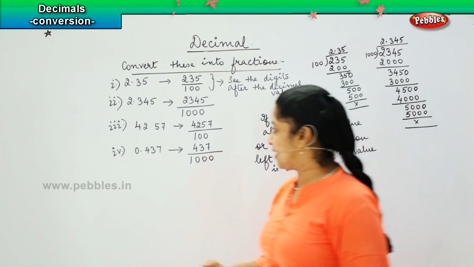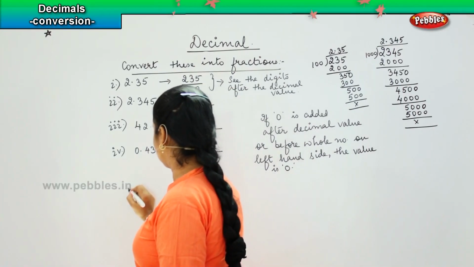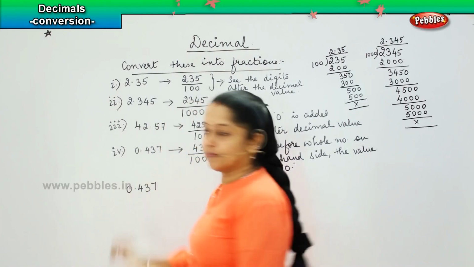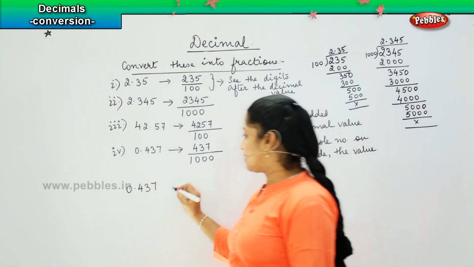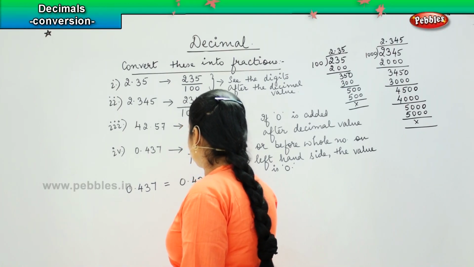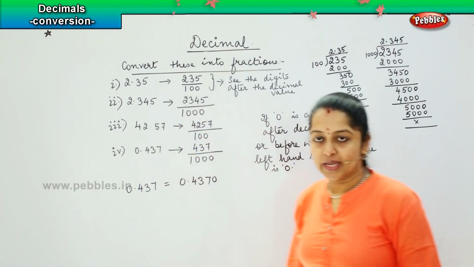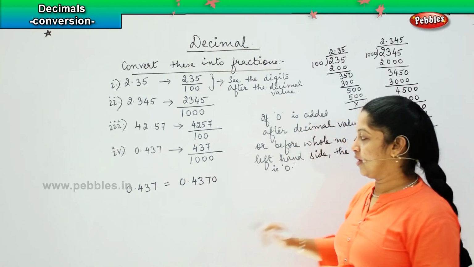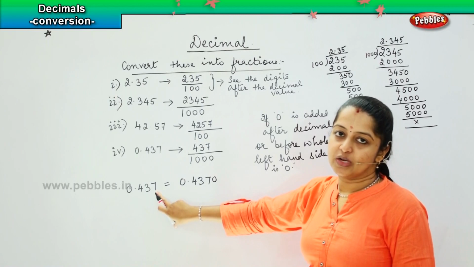Now the same question here. Suppose I am writing 0.437. Okay. Now this will be equal to 0.4370. Okay. So what did I say? If 0 is added after the decimal value, here the last digit is 7.